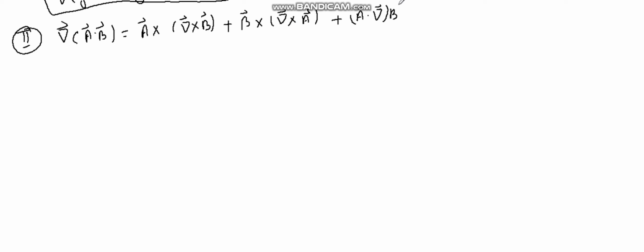Del of A dot B is actually A cross del cross B, okay, so this is the first term, plus B cross del cross A. This is the second term. The third term is A dot del operating on B plus B dot del acting on A. Okay, so we have to prove this.